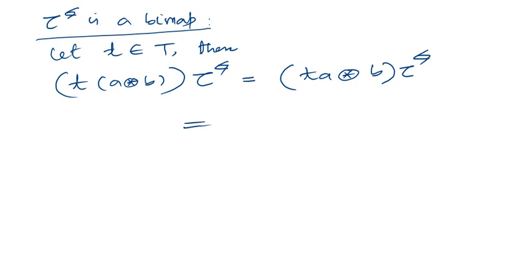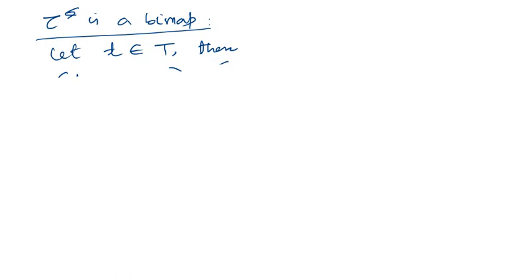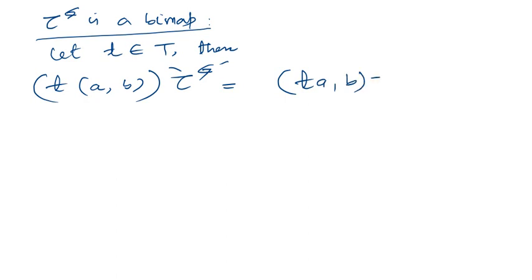But tau natural is a map from A cross B to A tensor B. So we should write here T times AB of tau natural, which is equal to TAB of tau natural, and by definition that's the tau class of TAB.